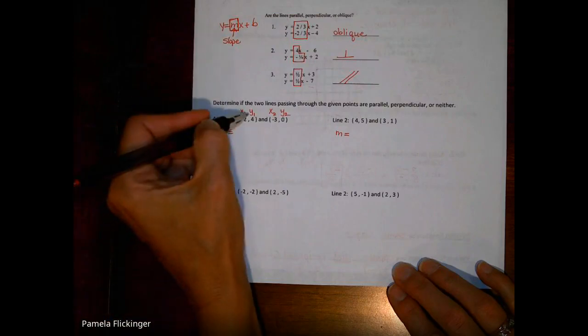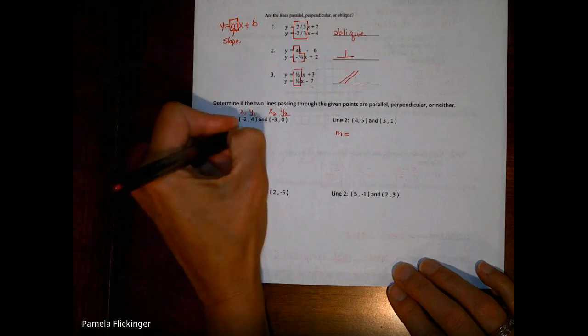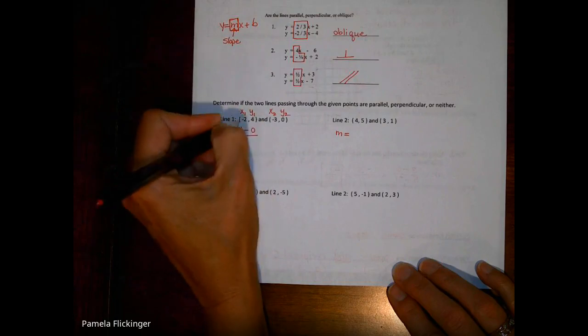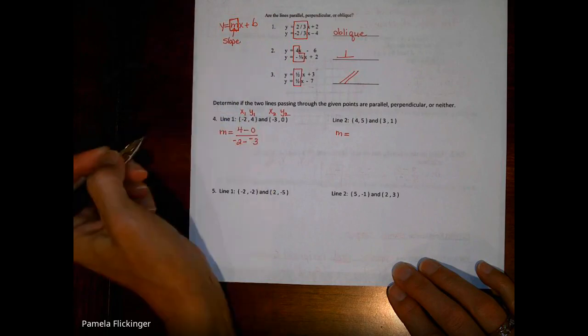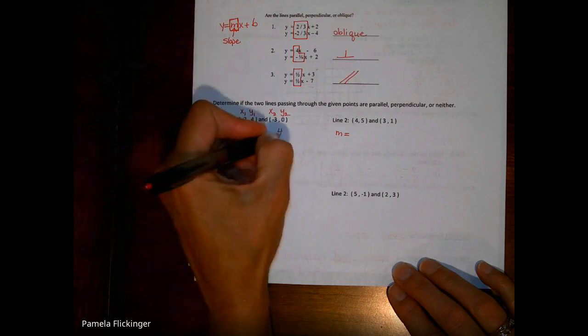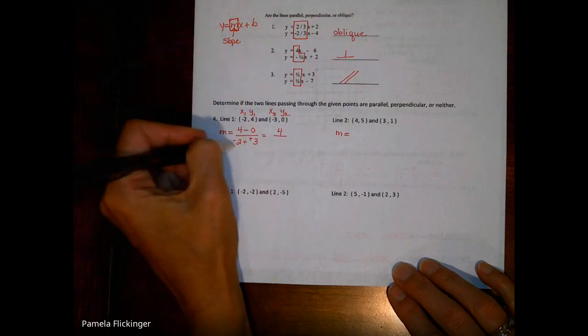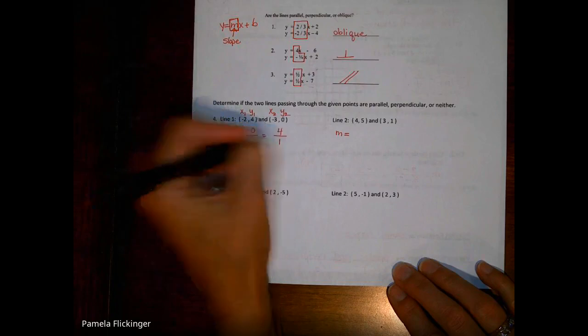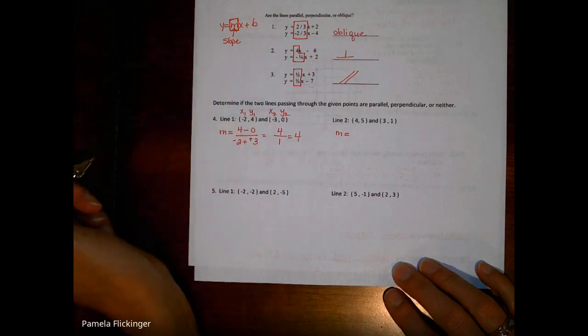So if I always do 1 minus 2, the y's go on top. So 4 minus 0 over, and then I've got -2 minus a -3. So I'm going to have 4 over. This double negative becomes a positive. -2 plus 3 is 1. Please don't leave your answers over 1. That's just going to be 4.